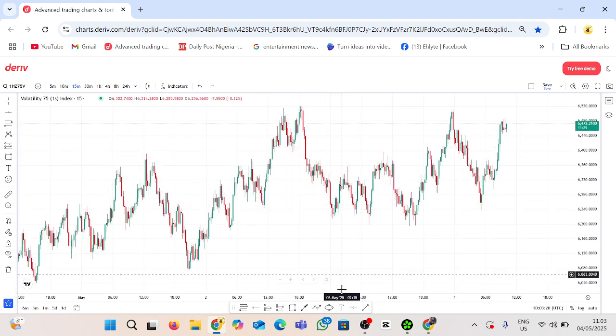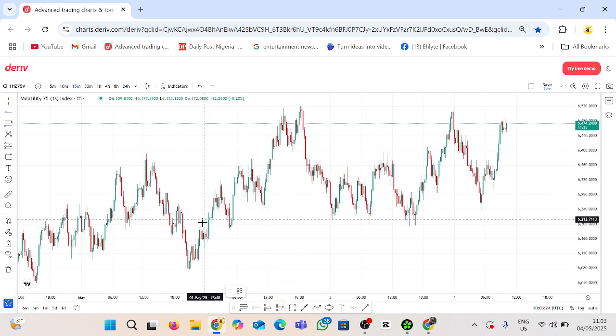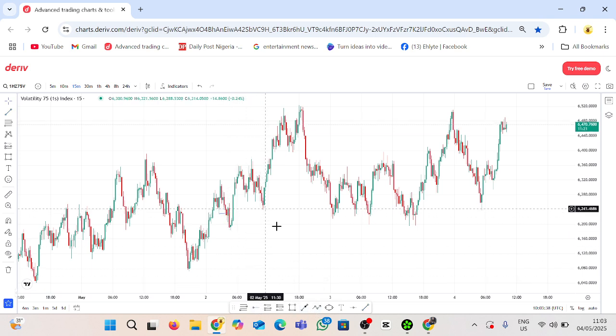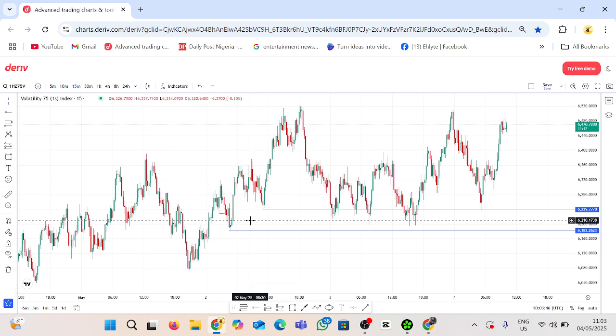All right, now when I come here, I saw our sweep of liquidity. Sorry, there's a sweep of liquidity here. There's a sweep of liquidity here. This is our structural liquidity. This is an A plus setup, structural liquidity, and then this is our protected low.